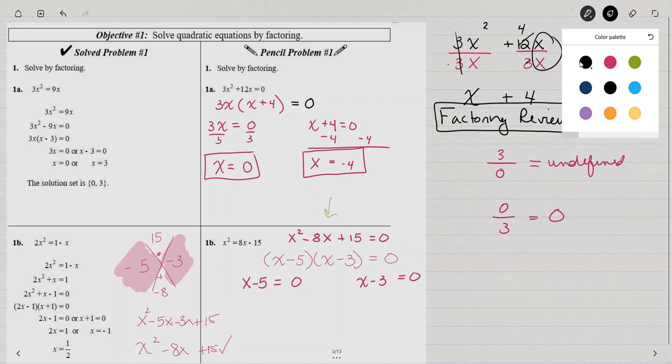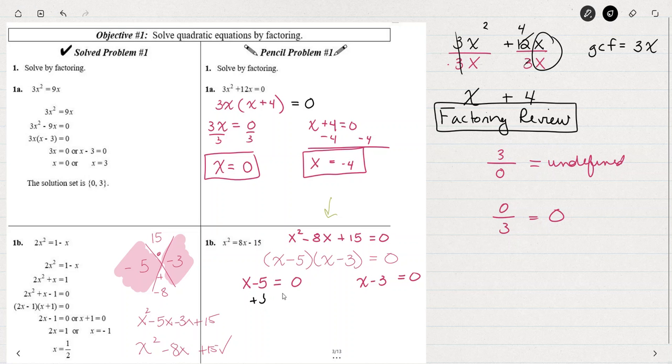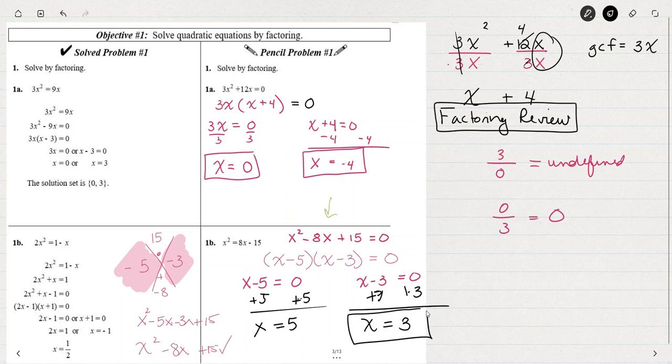The first one I'll solve by adding 5. So I get x equals 5. And then this next one, I'm going to do plus 3. So I get x equals 3. It looks like our two answers are x equals 5 and x equals 3.